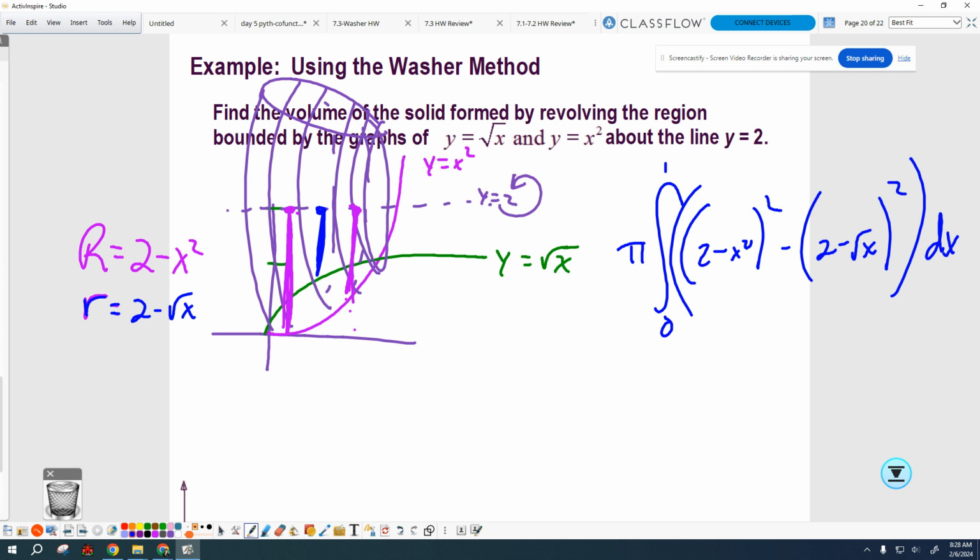Then you need to expand them. So that's where the problem comes in. All right, so try that. And tomorrow you guys have the quiz. We will start up with the washer method again on Thursday.